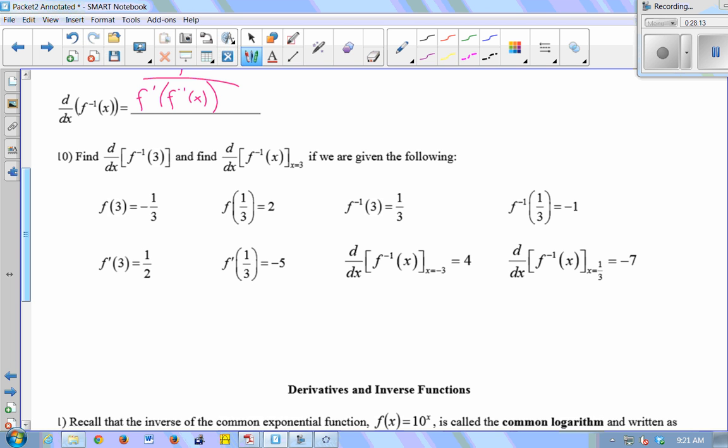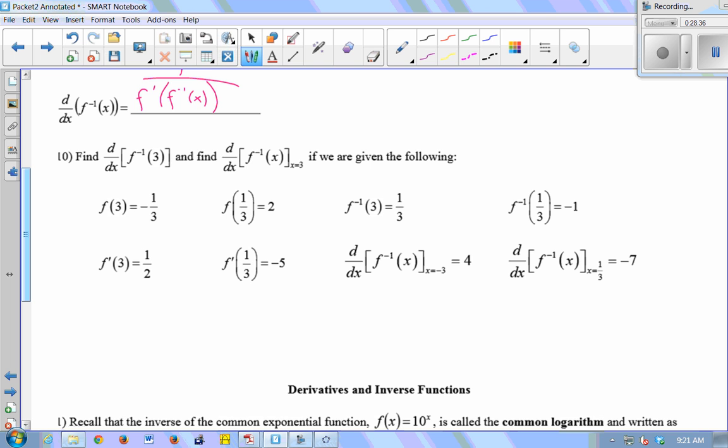If you ignore the d dx, if you had some formula for f inverse, f inverse of 3 would just mean plug a 3 in there. And what do you get when you plug a 3 into a function? A number, just some number.